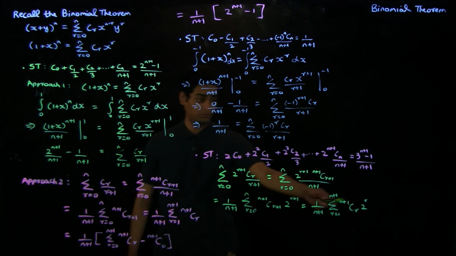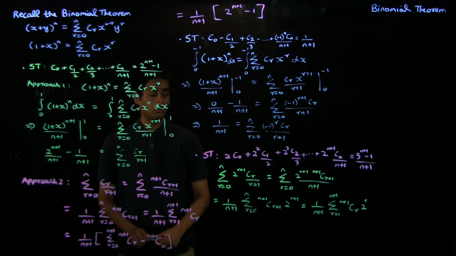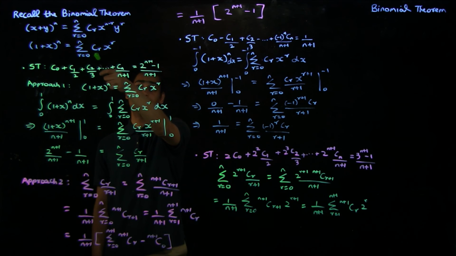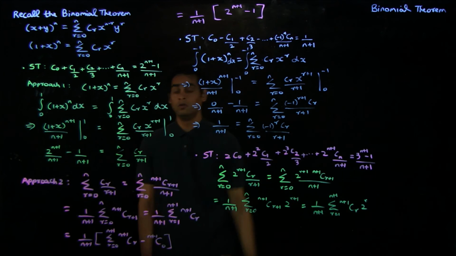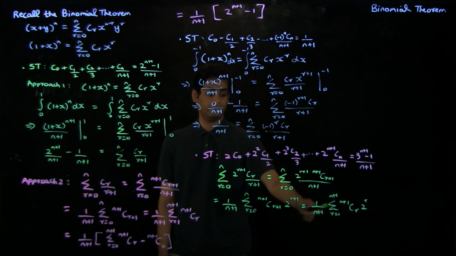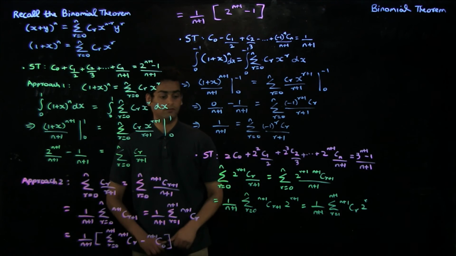So I need to have 2 power r here, since now r is running from 1 to n plus 1. So you notice that you have n plus 1 CR, which corresponds to nCr here, and instead of x power r, you have 2 power r. So this looks very much like the binomial expansion of 1 plus x the whole power n with x equal to 2, except that it's missing one of the terms.